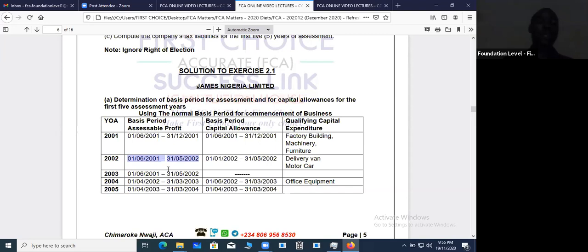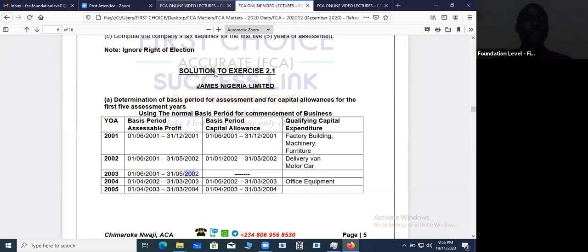Year 3, that is when we'll start doing the preceding year basis. So this is 2003, yeah? That means it must end in 2002. Then we ask, when is the account being made?